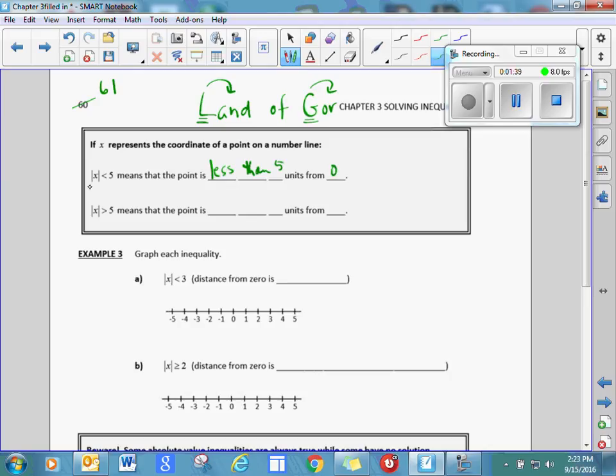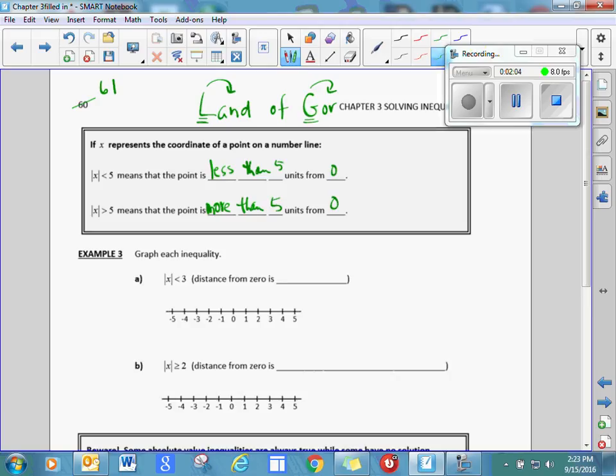Because if they're -5 or -6, they also come out as a positive value. So we have to consider both the positive and the negative values. If the absolute value of x is greater than 5, we assume that the point that we're looking at is greater than 5 units from 0.